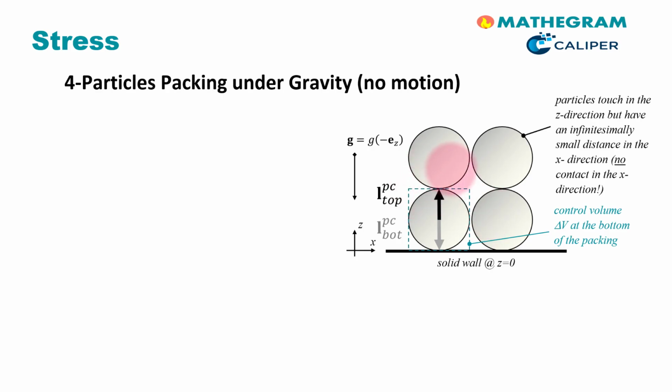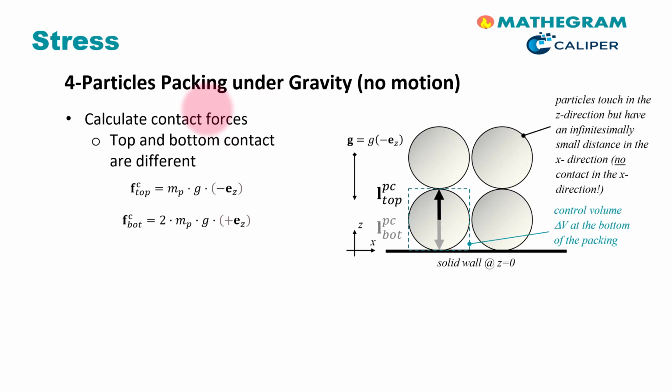Let us now calculate the contact forces which are needed to define the stress state. Obviously, these contact forces are different for the top and the bottom contact. For the top, we arrive at 1 particle mass times gravity times the negative z direction vector e_z. We have not indicated the contact force in the sketch.